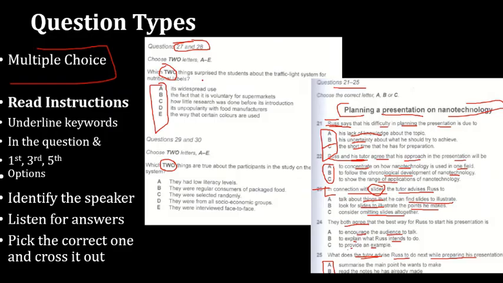So which 2 things will surprise the student about traffic light systems for nutritional labels. So these are our keywords.